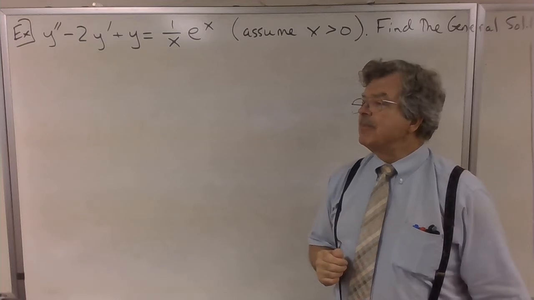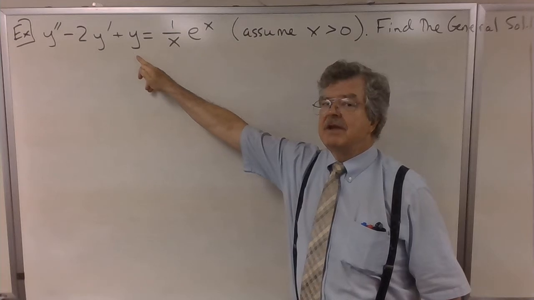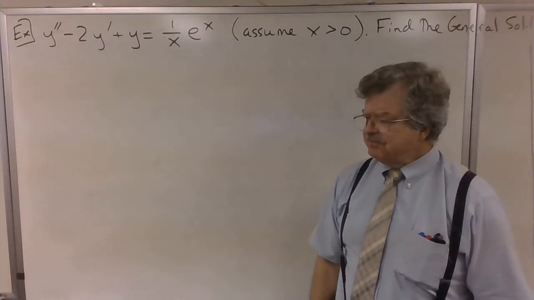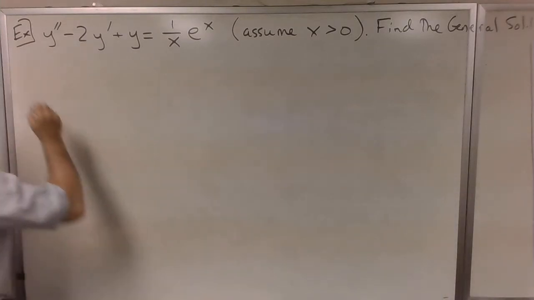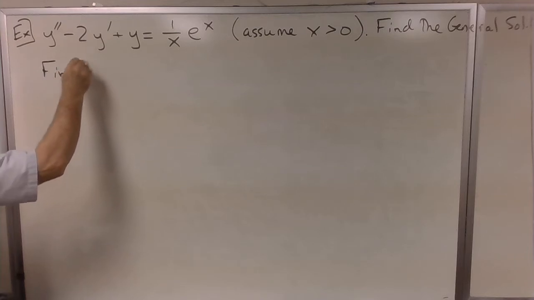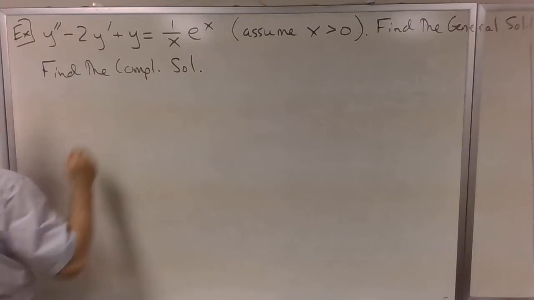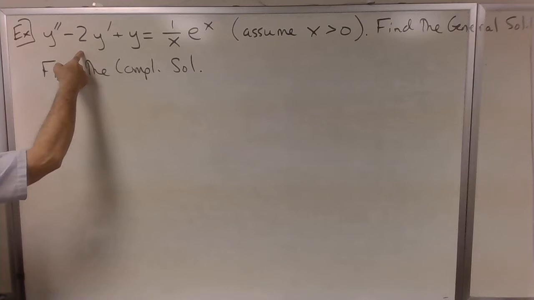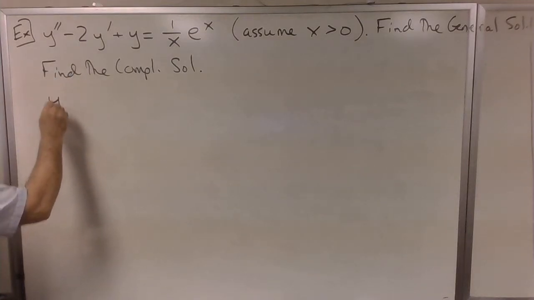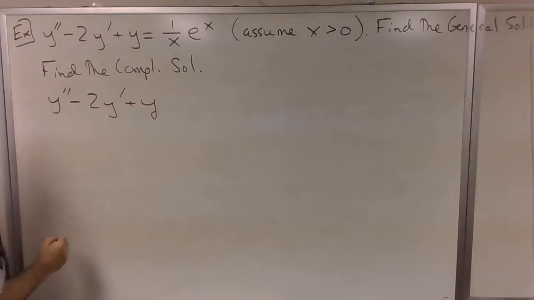So we're going to start out by doing what we always do when we have a linear differential equation with constant coefficients. We're going to find the complementary solution. And so we consider the complementary equation, and to get that, we just set the right-hand side equal to 0.